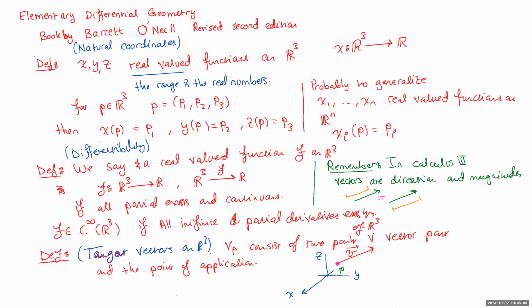In the book they use bold. I cannot use bold, so the context is going to help us determine what I mean by this, and I will try my best to be consistent in my wording. So yeah, this is page 1.